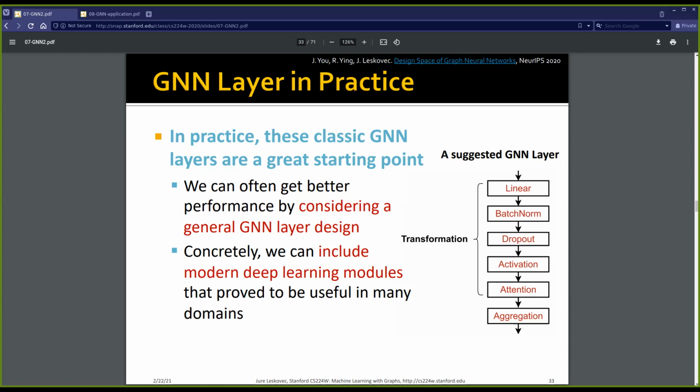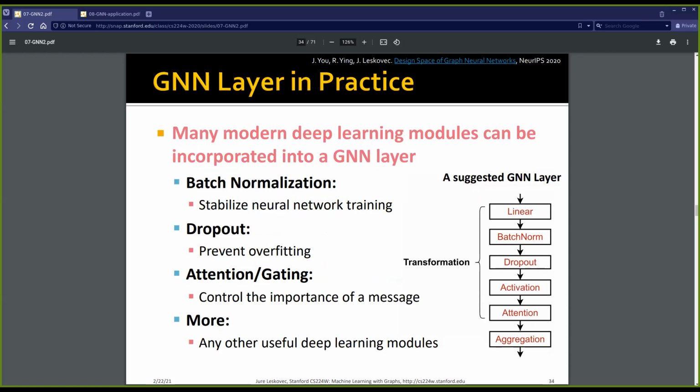You can view these GNN layers as just neural network layers, so you can combine them with batch normalization, dropouts, activation functions, or other attention mechanisms. Batch normalization should stabilize the training, dropout should prevent overfitting, and attention gating should control the importance of the messages, as we saw. You could use everything that was developed in other deep learning areas here, and it will still be fine.